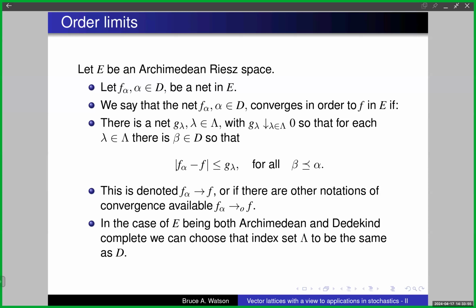There exists another net g lambda with its own index set, let's call it capital lambda, which is decreasing and has infimum 0, so that for each lambda in capital lambda, there is a beta in our original index set for our net, so that for all alpha beyond beta, we have that the absolute value of f alpha minus f is less than or equal to g lambda.